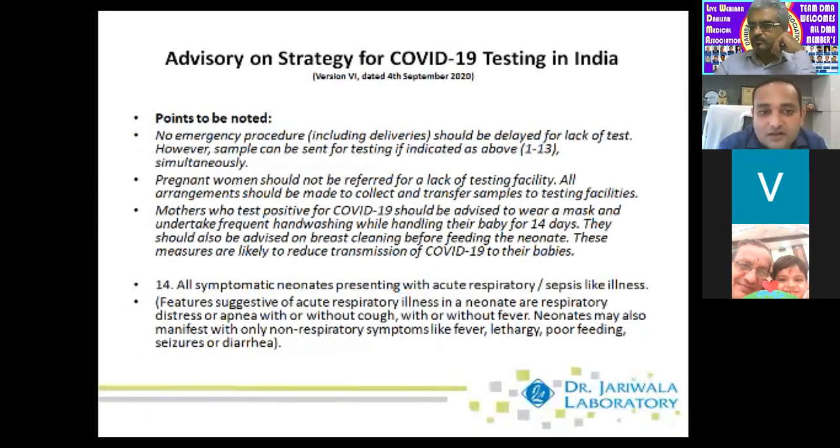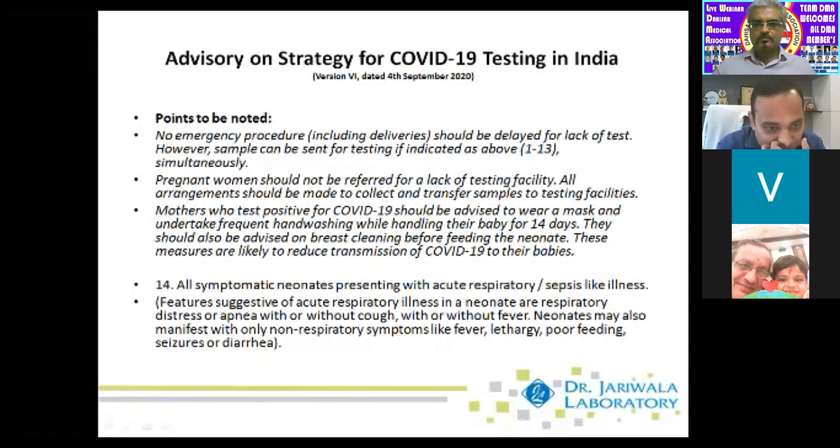Of importance are some points. I'm sure all of us are aware that emergency procedures should not be delayed irrespective of the COVID status, known or not. Ensure that no patient is sent back from the healthcare setting for lack of COVID testing.